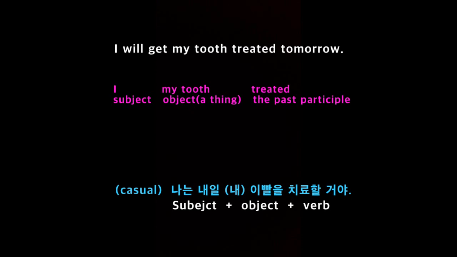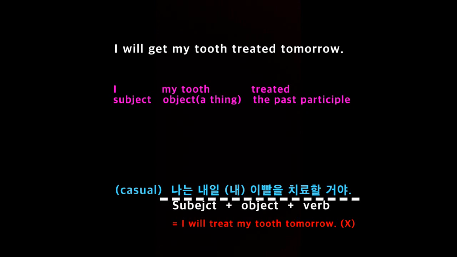But this Korean sentence this time cannot convey this meaning. It doesn't make sense. Why? We cannot treat our teeth ourselves, even if we are a dentist. So in this case, this Korean sentence just has this one meaning. Of course, the listener can catch this naturally.